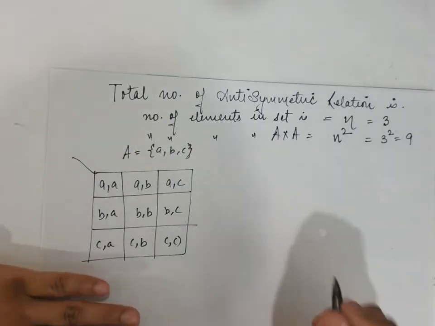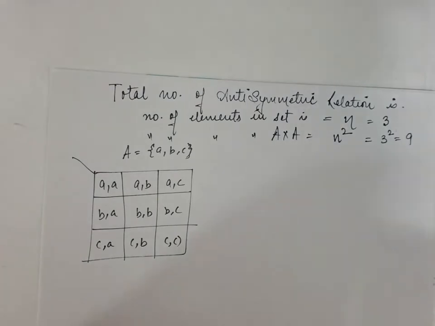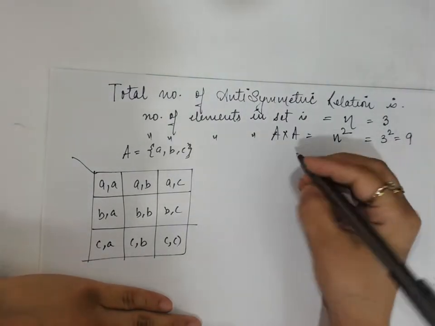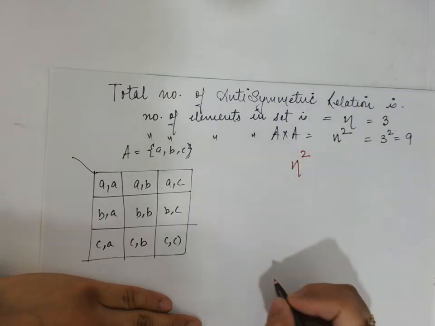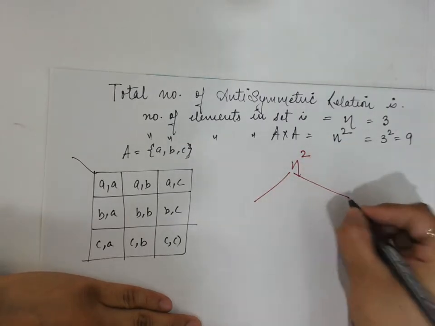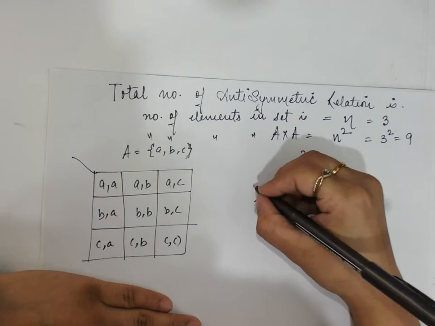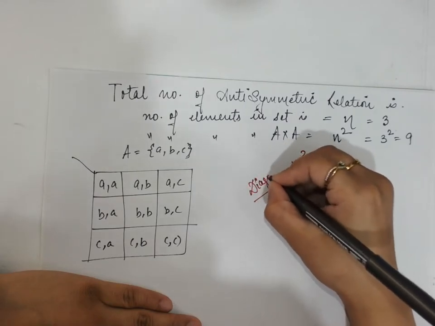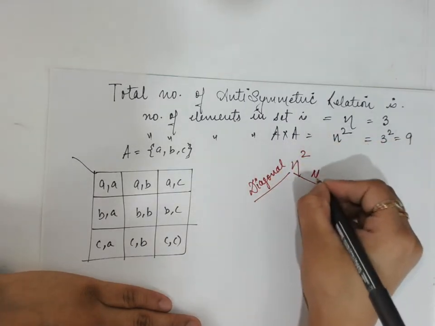Now the total number of antisymmetric relations possible: n square is the total number of elements in A cross A. We have to divide this n square into diagonal parts and non-diagonal parts.